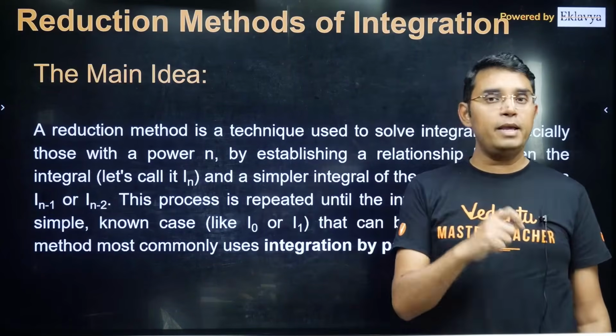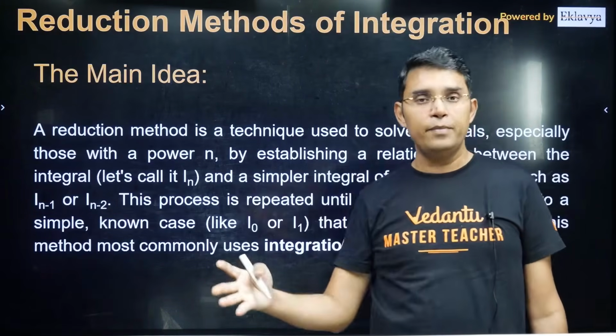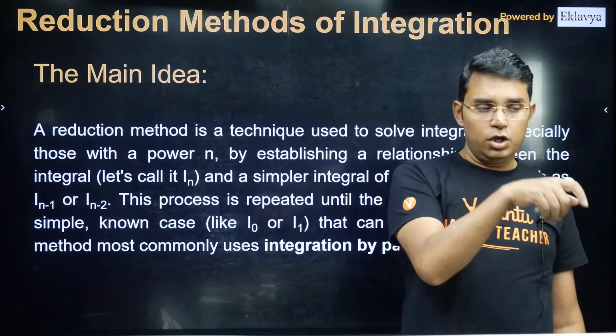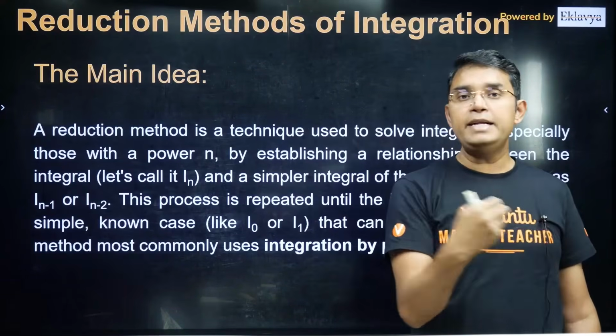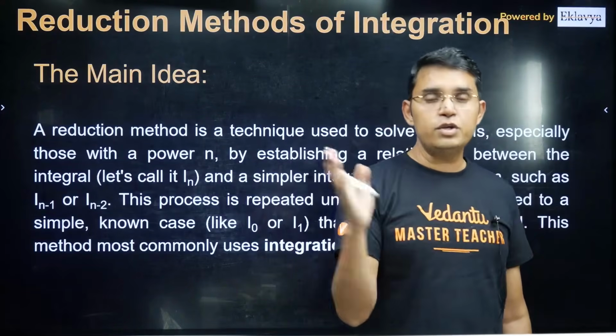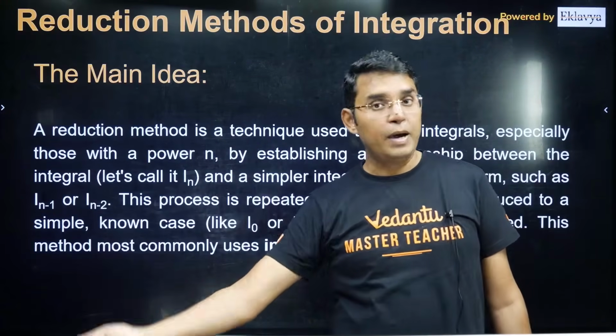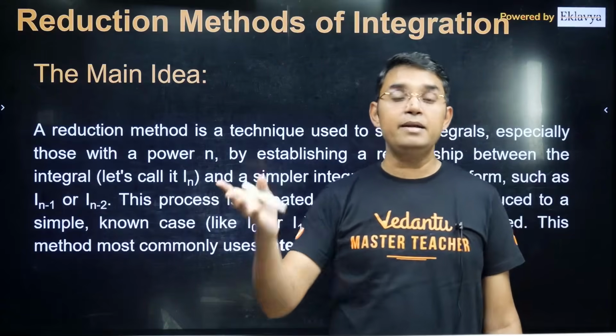You may not be able to solve that integral directly, but you can reduce your integral I_n in terms of I_(n-1) by reducing the power by 1, or that n can be in an angle also.